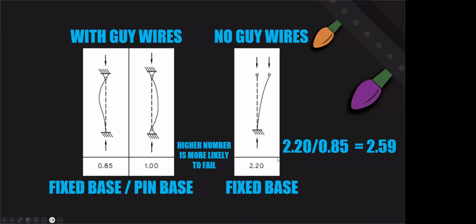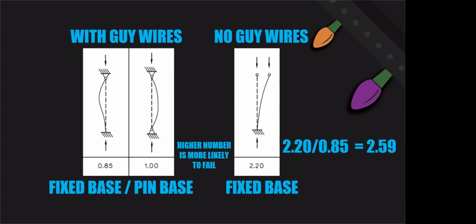So you'll see that the number here at the bottom jumps up to a 2.2. That means if you compare this here to this here, you've got a 2.2 factor, which means that much less load can be applied to the pole.